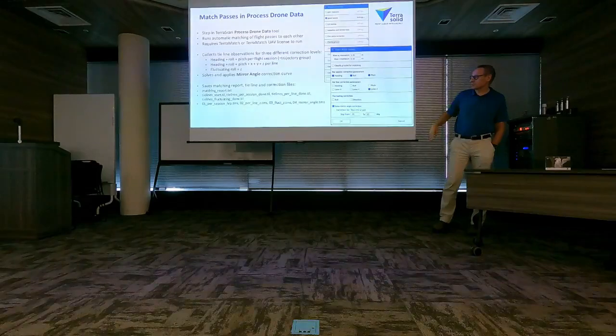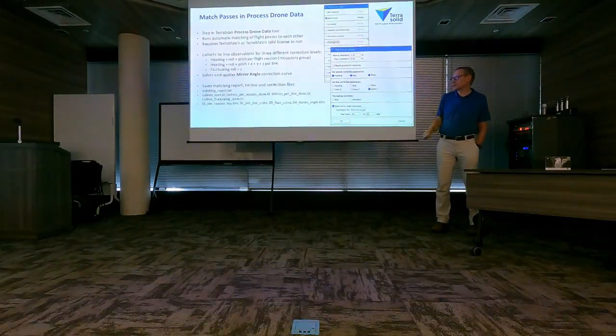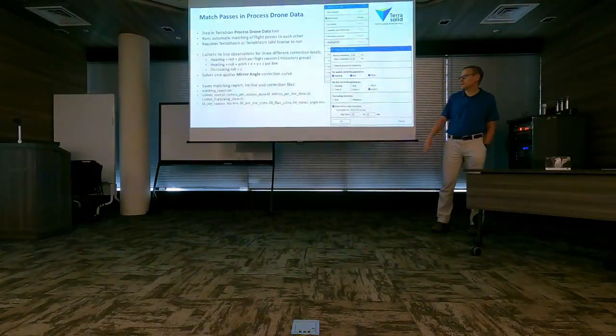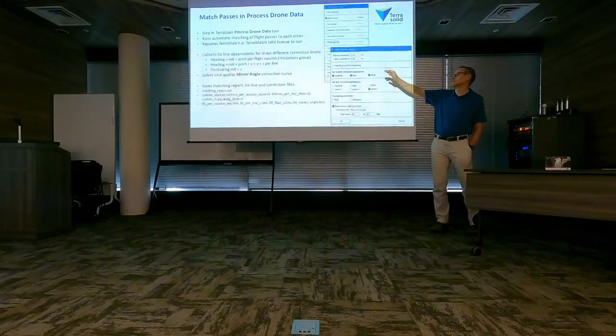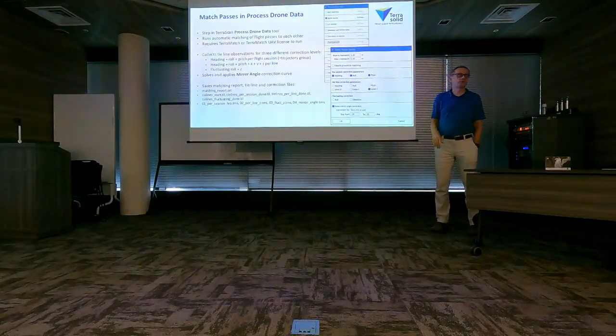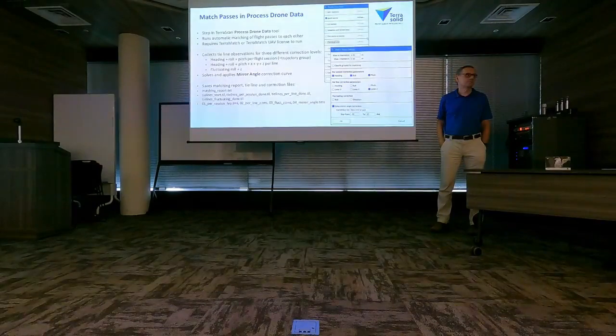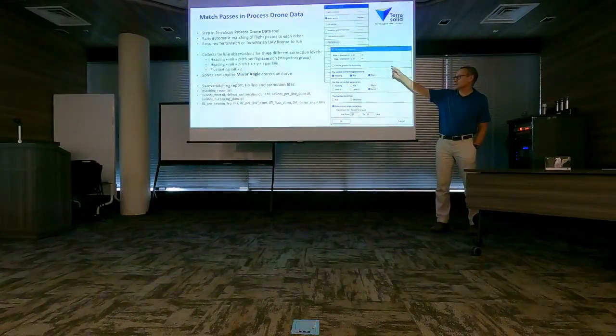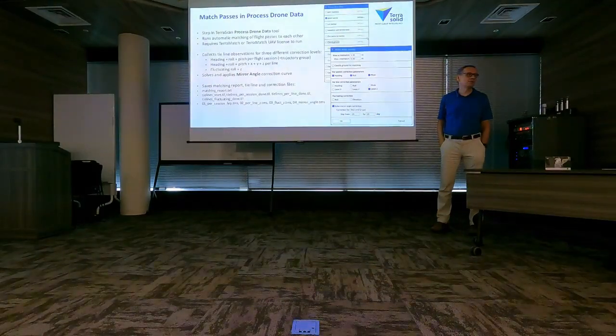So if I'm going to do fluctuating correction, then it is more likely that I choose classify ground for matching. If I do mirror angle correction, again it's more likely or more need to choose classify ground for matching.